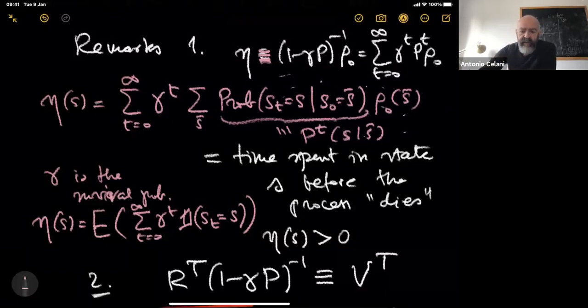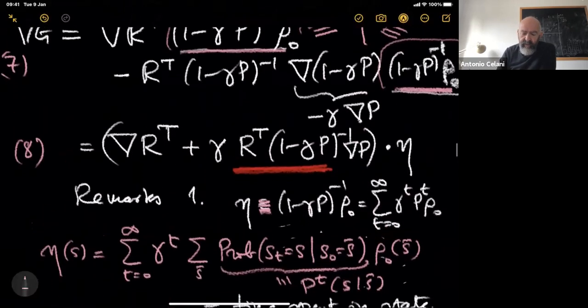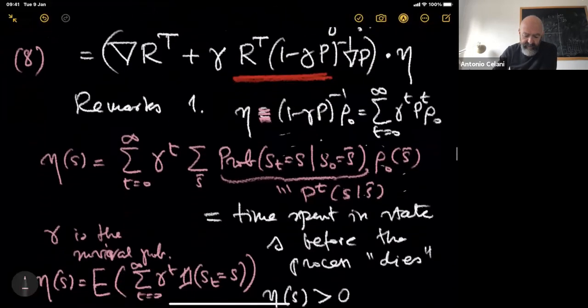Second remark, there is another object here, the one marked in red, which appears. Again, this object is the one that involves the inverse of my 1 minus gamma P matrix. And what we're going to do now is realize that this quantity here is just the value function of my policy. So that's the next step.